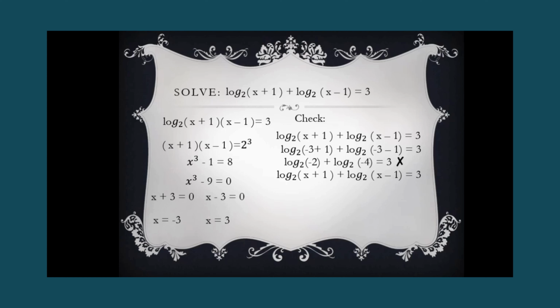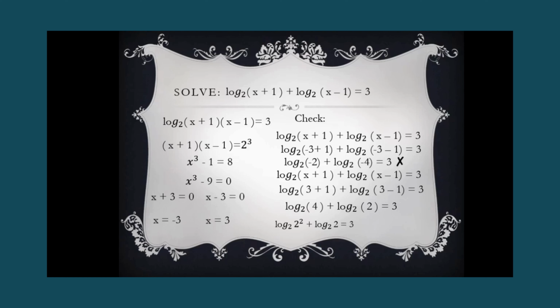Now, we're going to solve the positive one. Change your x here to positive 3. Solve 3 plus 1 and 3 minus 1, which is equal to 4 and 2. Now we can legally change that 4 or 2 to its exponential form.